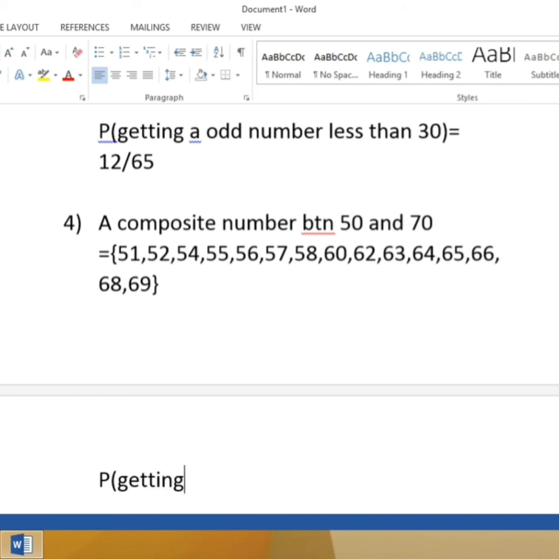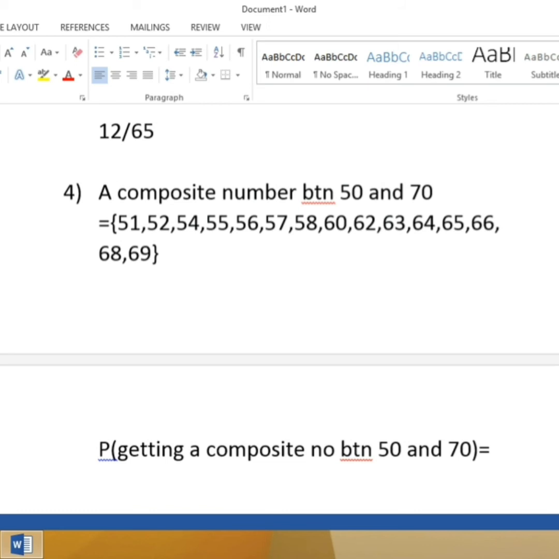Since between is given, 50 and 70 are to be excluded from this list. So the probability of getting a composite number between 50 and 70, with possible outcomes listed above, by the total, is 15 by 65. Further simplifying, we get 3 by 13.